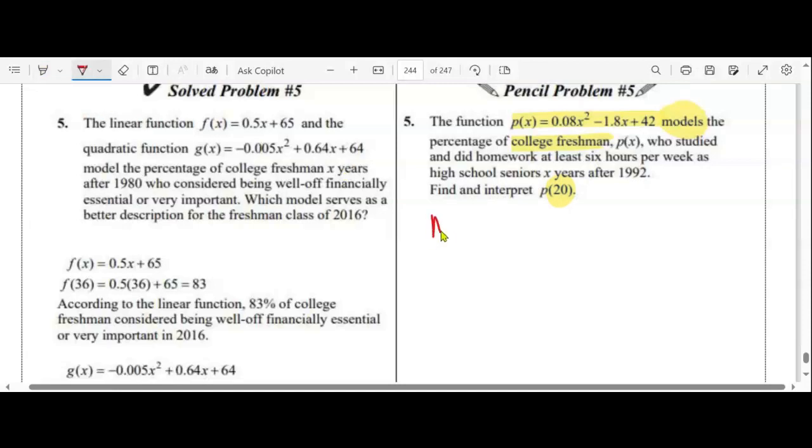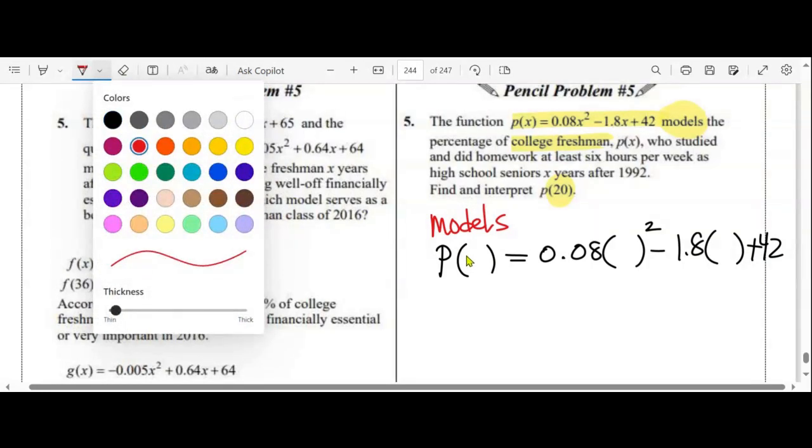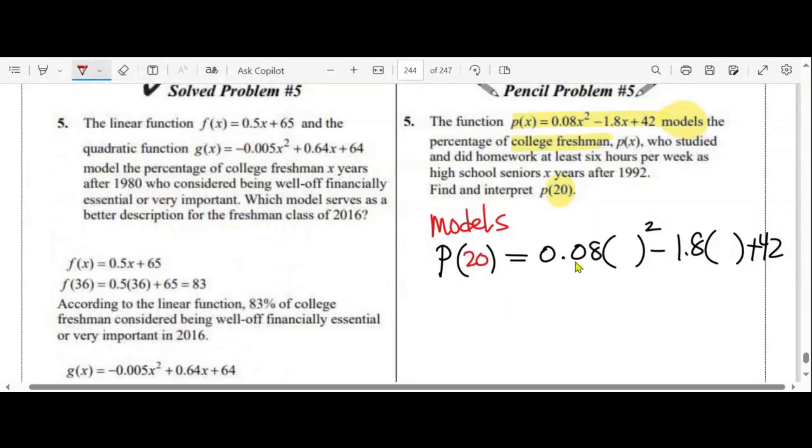So this is the model, right? What is the model? p of x equals 0.08x squared minus 1.8x plus 42. Okay, I'm going to replace x by how much? 20. Okay, so I'll put 20 here, 20 here. Yalla, use your calculator and tell me what's the answer.